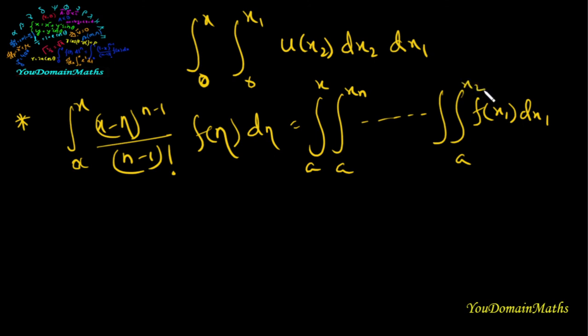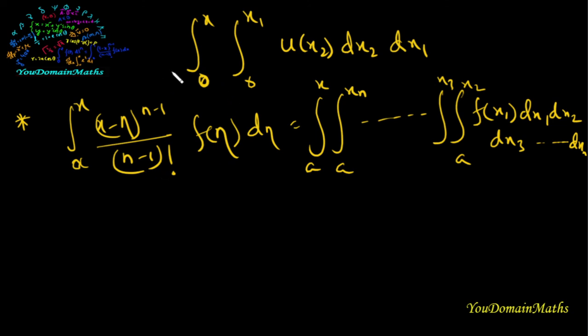So we can write that x2 is the integrating limit, and this is x3, then the integrating variable x3 and x_n. Here the number of integral signs is n, and the integral signs here are 2, so we can say that n equals 2 here.